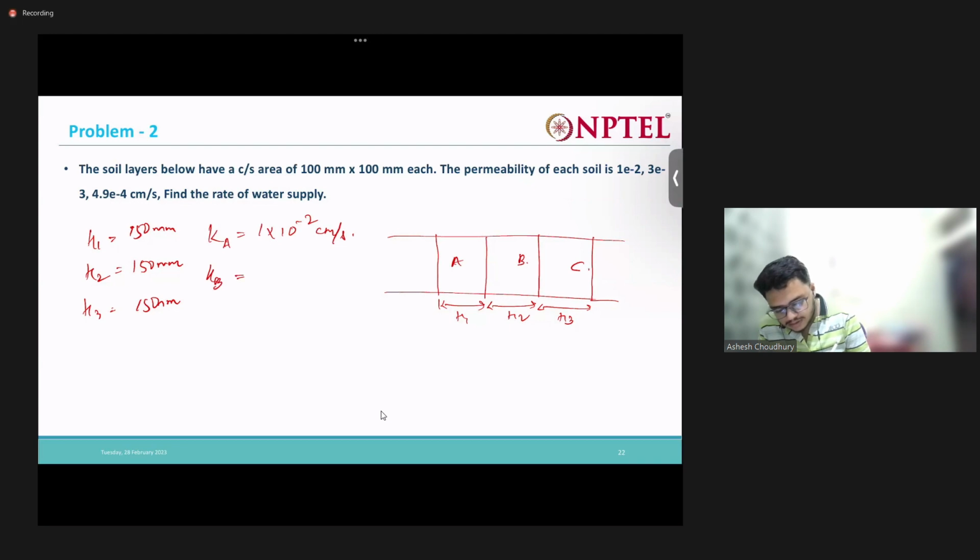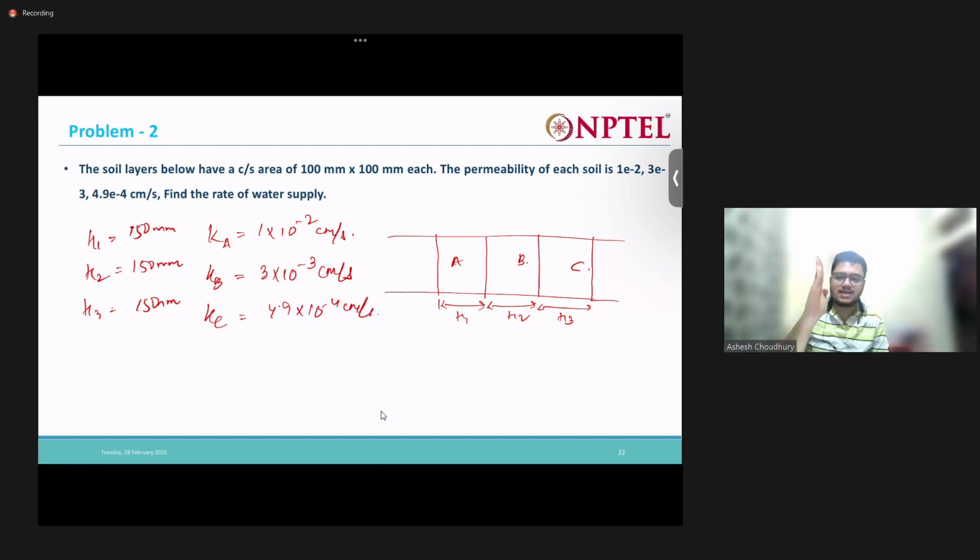B is 3 × 10^-3 centimeter per second. The cross section is 100, out of plane, in the other direction, which we cannot see here.